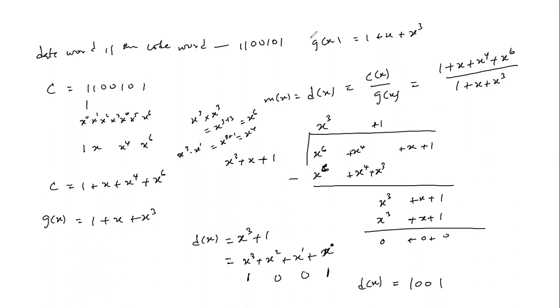Once again, on the basis of a 7 by 4 cyclic code, obtain the generator matrix corresponding to g of x equal to x cubed plus x plus 1.